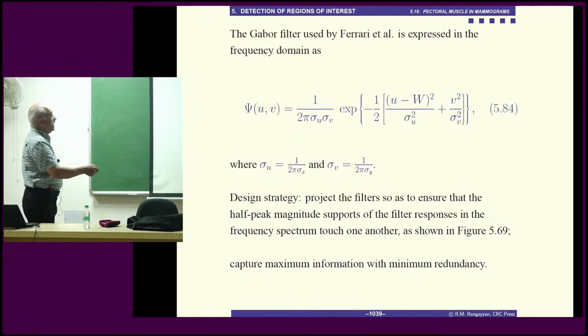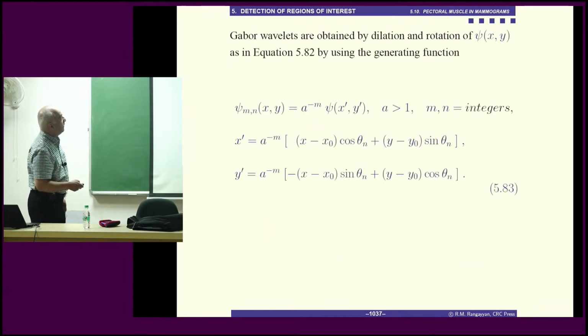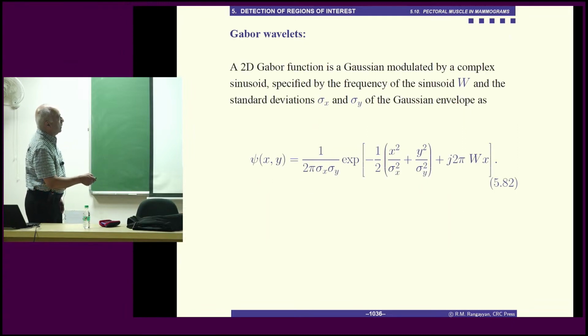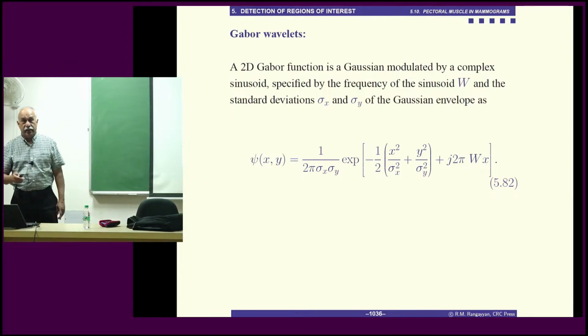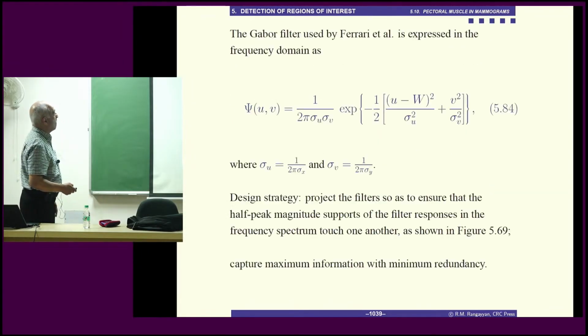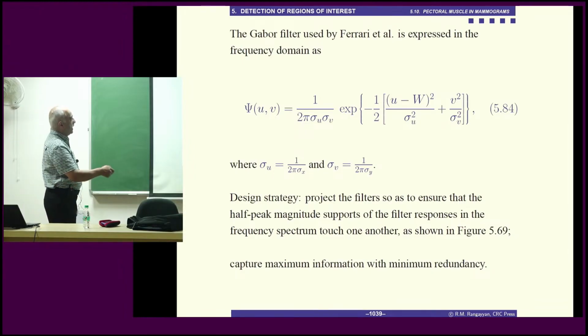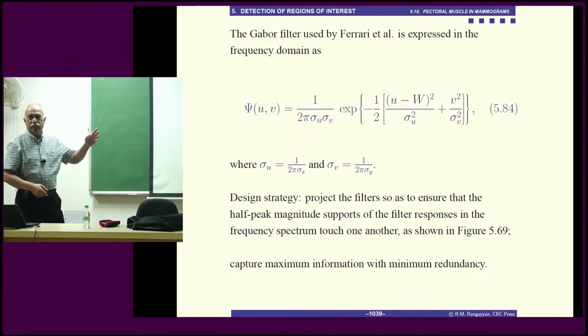So it turns out to be a Gaussian, but U is shifted by this W, the modulating frequency, capital W. This is just a Gaussian. That is multiplication by another exponential, j2 pi Wx, which is cosine and sine. So in the frequency domain, UV is the frequency domain, you have another Gaussian shifted in one frequency. And these are the scale factors. These scale factors are inversely related to the scale factors of sigma in the space domain.